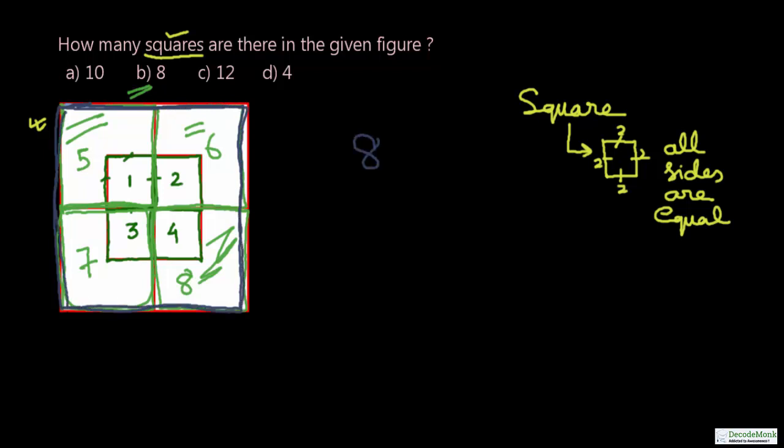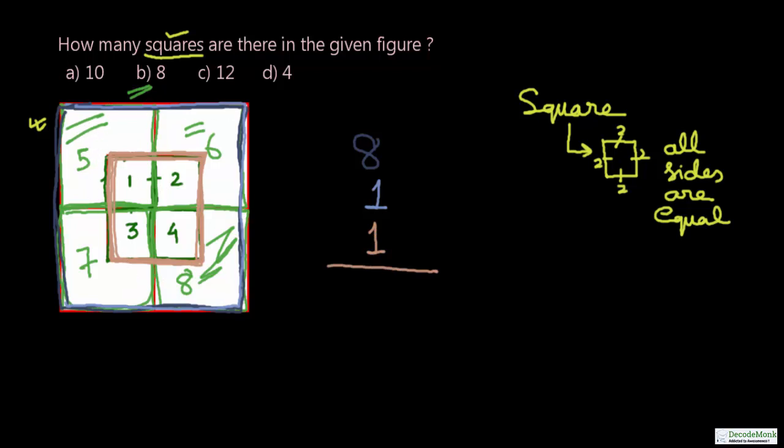So 8 inner squares, and then there is another outer square you have counted, the outermost square, and then there is another square. See over here, 1, 2, 3, 4 inside this particular square. So this is another square. I am marking that, my pen is on that. So this is another square, and I presume that there is no more square to count.